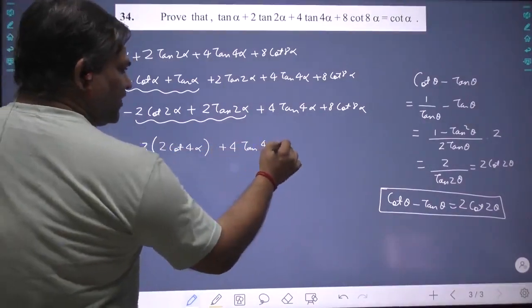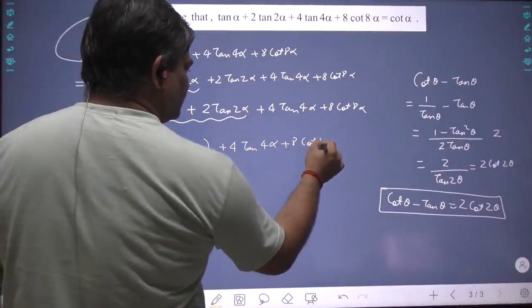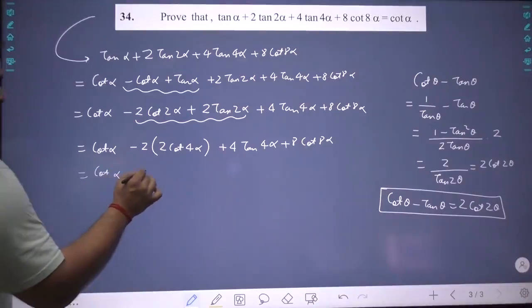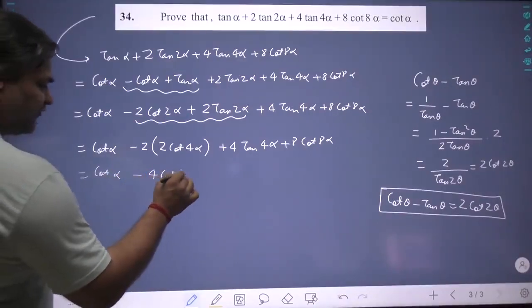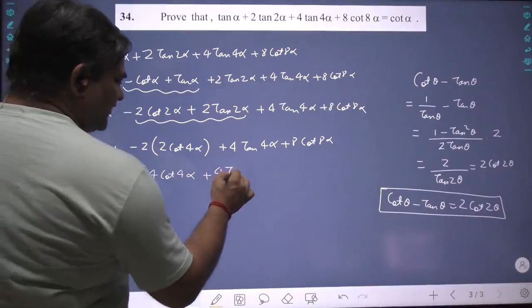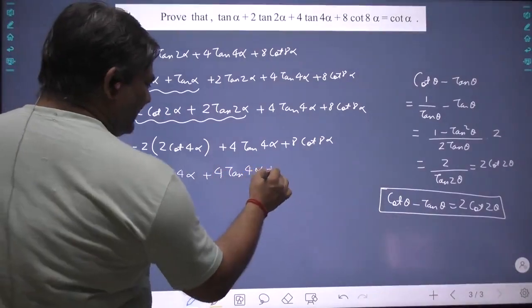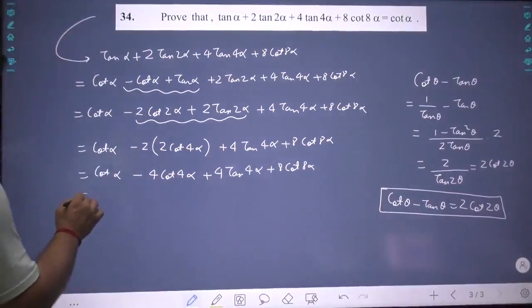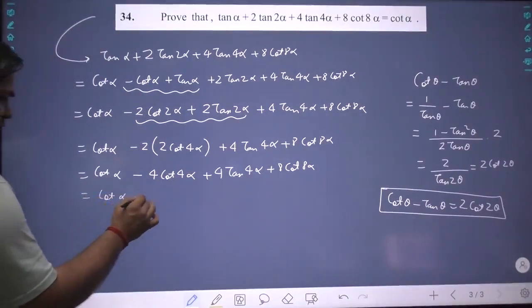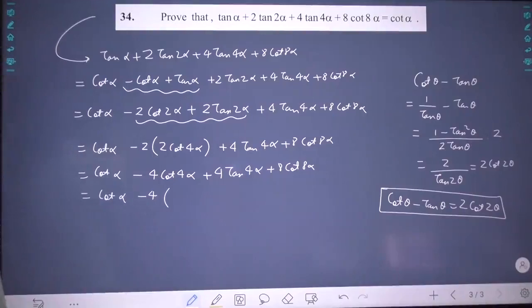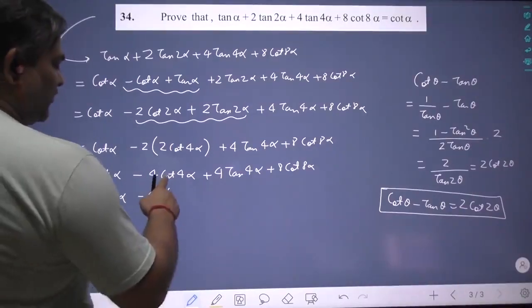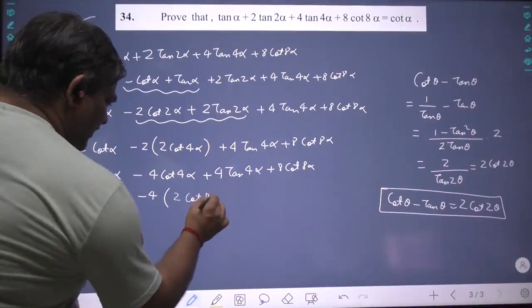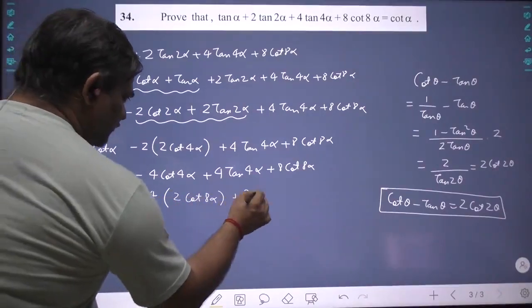Is this step clear to you all, students? Yes, sir. So this becomes minus 4 cot 4 alpha. The answer has started twinkling in my eyes. Possibly it may be twinkling in yours also. From these two take minus 4 common. When you take minus 4 common, cot 4 alpha minus tan 4 alpha, 2 cot 8 alpha. Say yes, students.